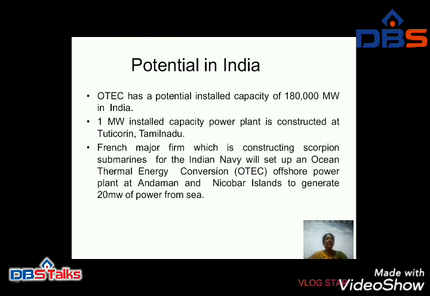And the amount of solar energy absorbed by oceans is 4,000 times that presently consumed by humans. We would need less than 1% of that renewable energy to satisfy our needs. This is about the potential in India. That means this is about the conclusion.